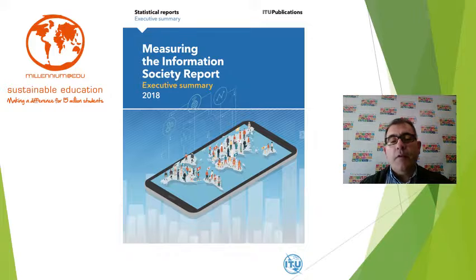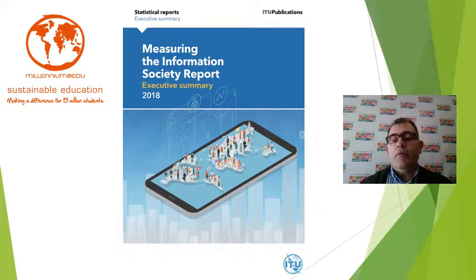Sometimes it's very difficult for any country to make the investments if they focus one by one on the sectors, but it can help if these different sectors can work together to achieve common results. And this document gives a framework on the information society.